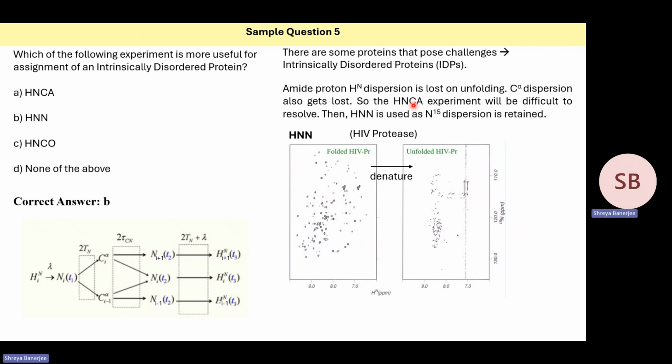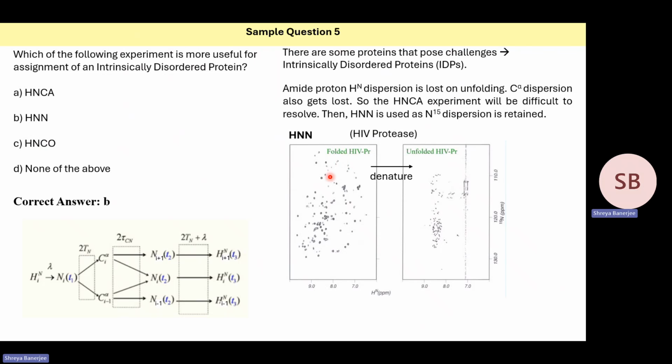So if we do the HNCA experiment, it is very difficult to resolve because HNCA will include the C alpha, and the C alpha dispersion is small, so the resolution is very difficult. Better than that is the HNN experiment, where the N dispersion is used twice because the N dispersion is retained.